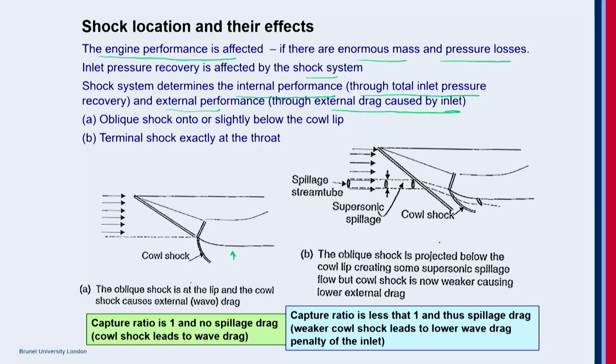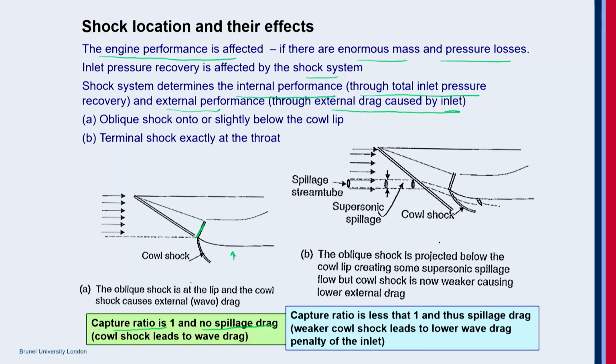Now here you can see that this oblique shock is placed on the cowl lip and normal shock placed at the throat, which means the capture ratio is 1 and no spillage drag. So you have a good internal performance.